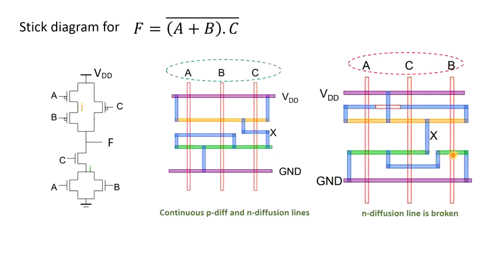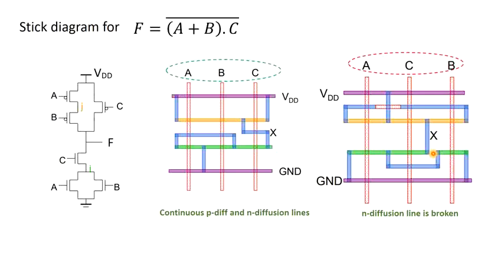When you have a broken diffusion line, we have seen in terms of layout that from one diffusion edge to the other diffusion edge, there has to be some minimum separation, some gap. So you are losing in terms of device density, which is not desired in terms of device design.